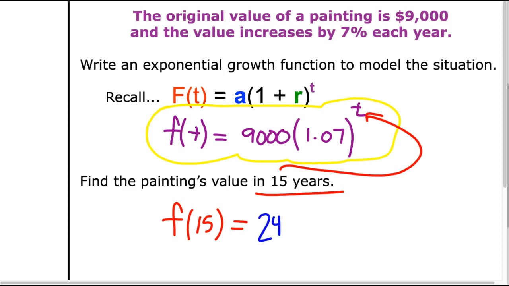I get $24,831.28. That's money. Wow, it's a lot of money. Just think, if you had 9,000 and it made 7% interest each year, and you let it roll for 15 years, you're going to have 24,000 bucks.